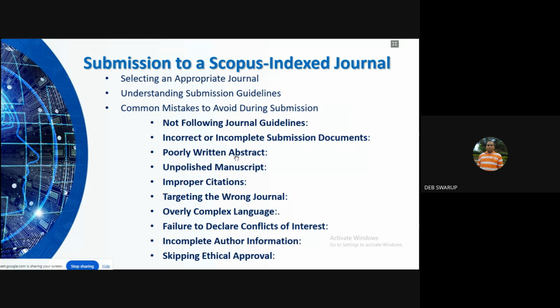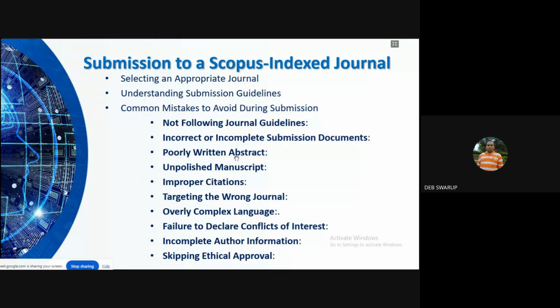One more thing is conflicts of interest. Whether the editor of a journal is your relative, is your brother, or you yourself are an editor of any journal of that particular publishing house, or whether you are the reviewer of a paper of which you are the author.